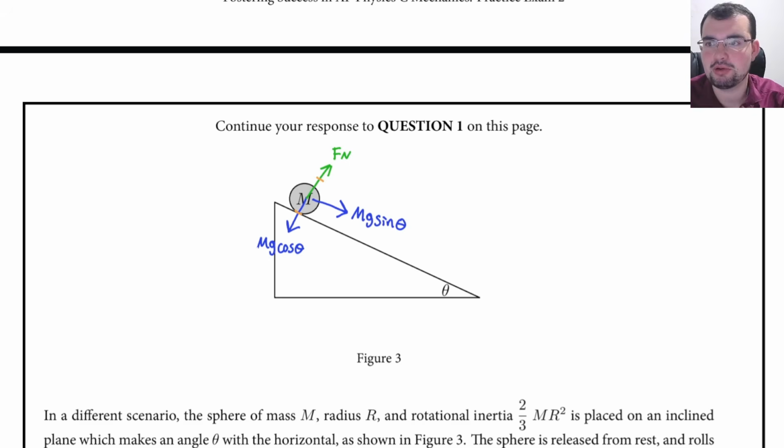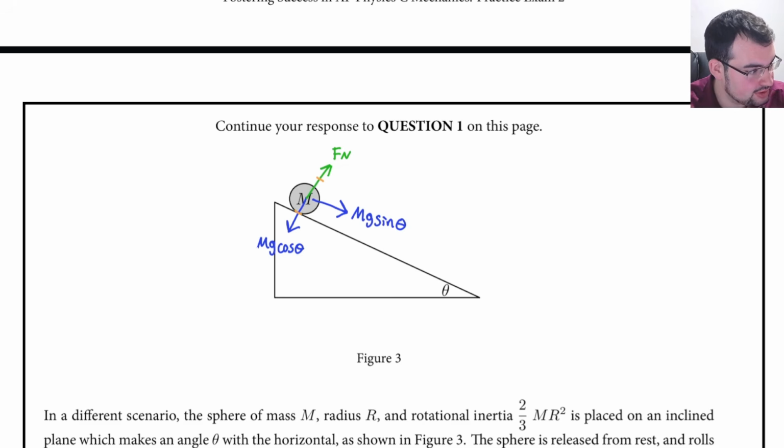Now we've got to figure out what's going on with friction. There are two ways of figuring out the direction of friction. The first way is to think about what friction does, which is oppose sliding. Remember, the bottom of the sphere is stationary. If I were to release it from rest, it would slide down the incline this way.